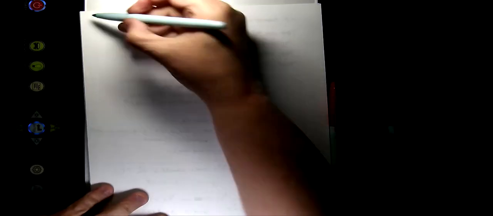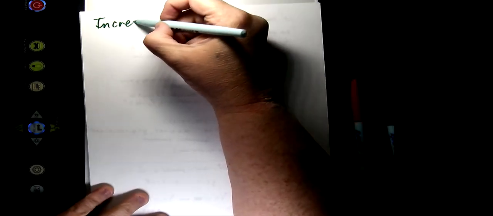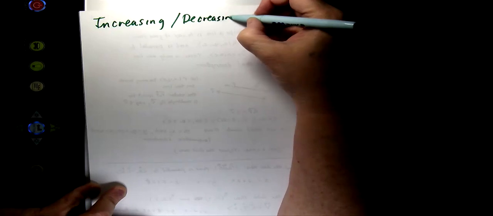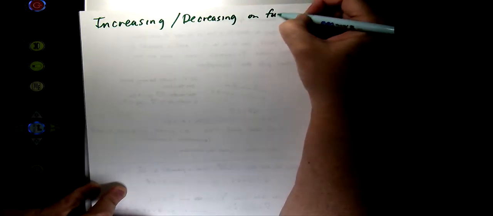One last topic in this section before we take a break. Increasing functions and decreasing functions.